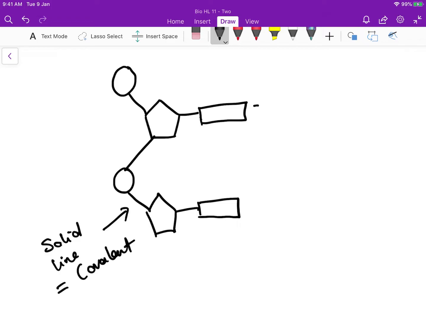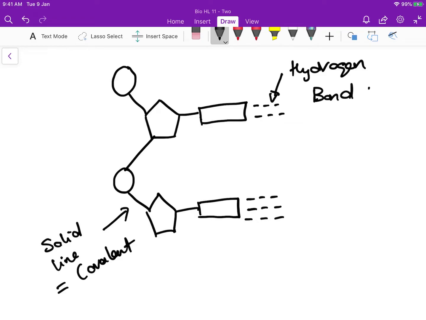We're going to start drawing some dashed lines or dotted lines, which are going to link together two sides, but these are not covalent bonds. They're going to be hydrogen bonds, which are much weaker. So these are strong covalent bonds, and the covalent bonds are running down the backbone.